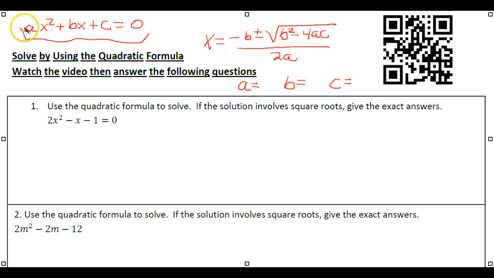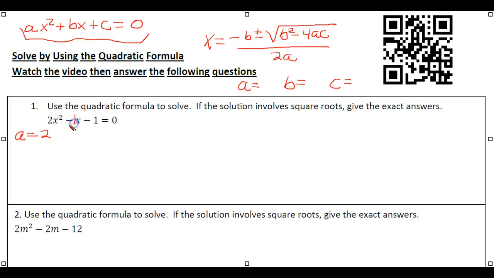We need this A, this B, and this C to substitute into the quadratic formula, because that's the values we had. So we look at this equation here, and we see here A is a 2.